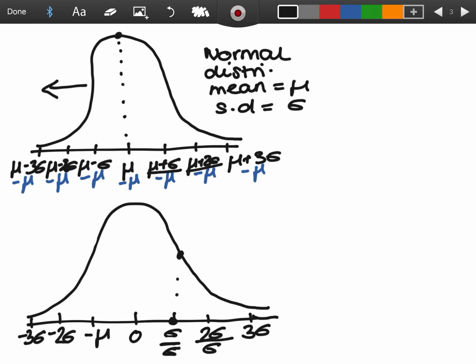This data point here that's at 2 sigma, I'm dividing it by sigma. That's going to go to 2. This data point here at 3 sigma, I'm dividing it by sigma. That's going to go to 3. So you can see what is happening here. The one that's at 0, I divide 0 by anything, I'm still going to get 0. So my mean still remains at 0.